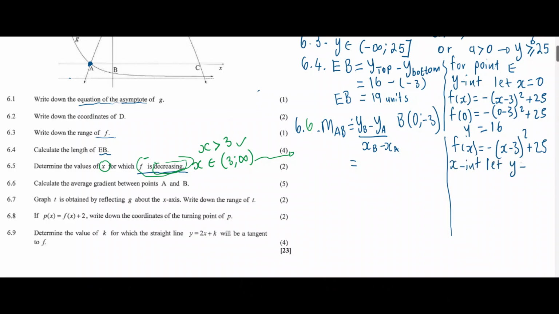So for the x-intercept, we let the y value be 0. So 0 is equal to minus (x minus 3) squared plus 25.